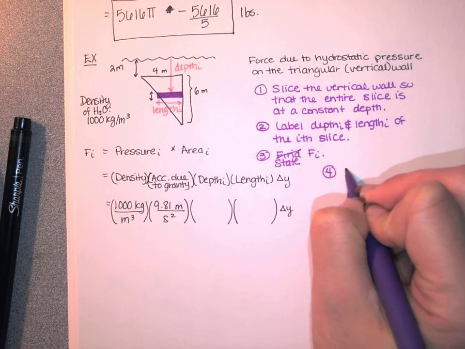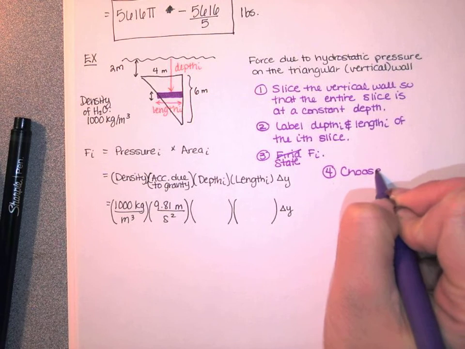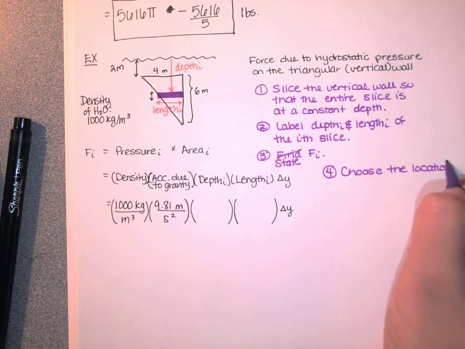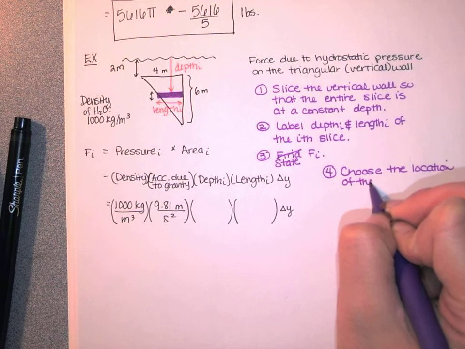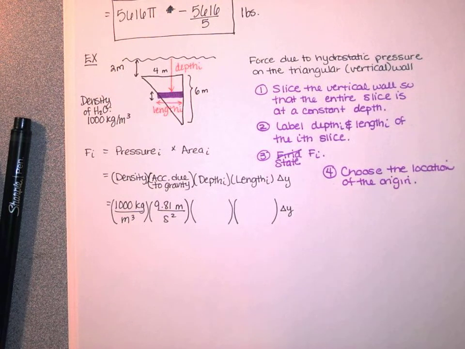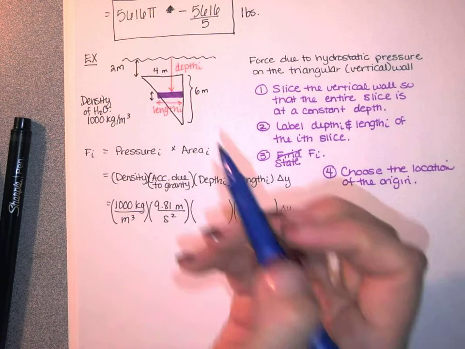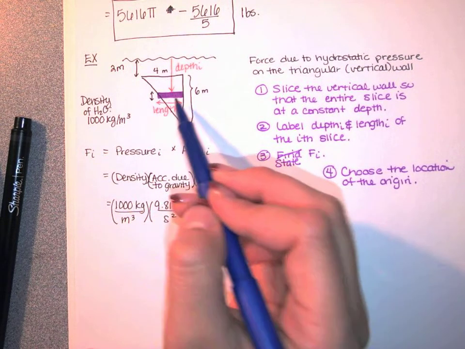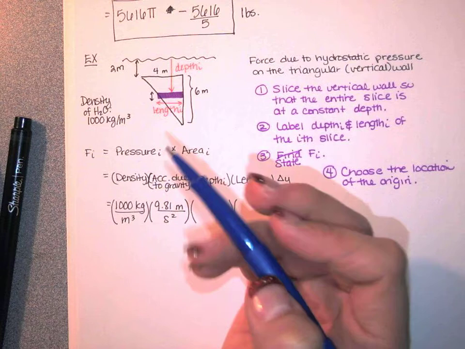So we're going to choose an origin, and then you have to stick to that choice. Now, it's completely up to you, but you always want to choose your origin to make finding the depth and length of this slice as simple as possible.